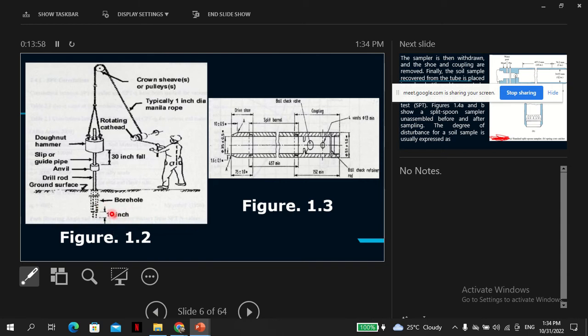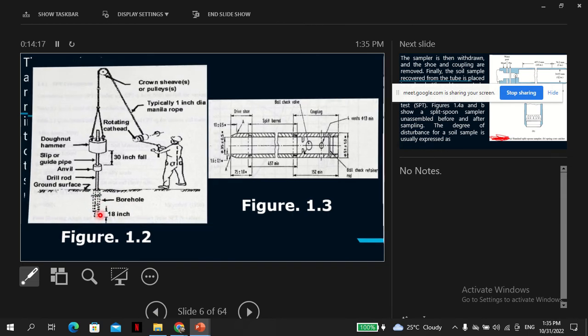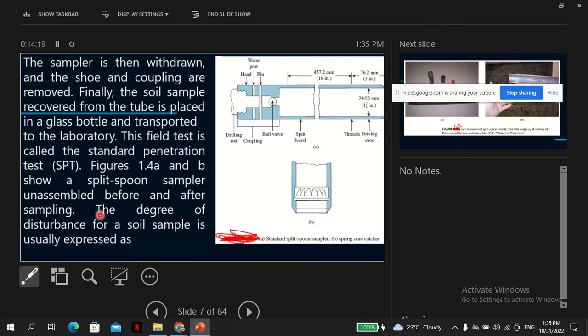I don't know why they are showing 18 inches. Okay, inches are strange. We use millimeters. So the seating drive of 150, the next that can cause 300. 300 divided by 25 is 12, right? Yes, 12. I don't know what the purpose of the 18 inches there is. Anyway, the picture is to show you the setup of the SPT.